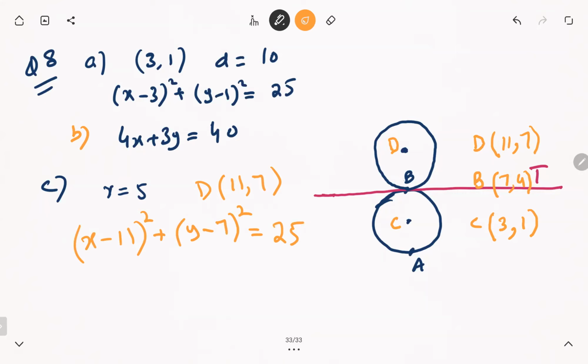So this is the equation of the other circle, which is a reflection of that circle over the reflection line T. G, is that clear?